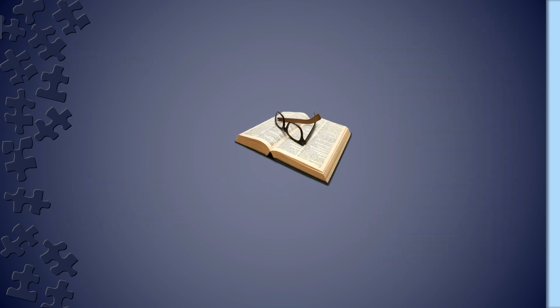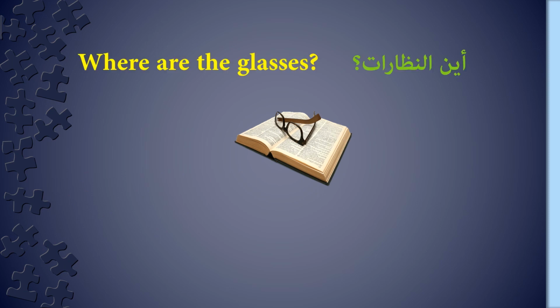غندوزو للثانية. Where are the glasses؟ أين النظارات؟ إذن they are on the book. They are on the book. on هنا شنو كنقصدو بها؟ جيد يعني فوق.